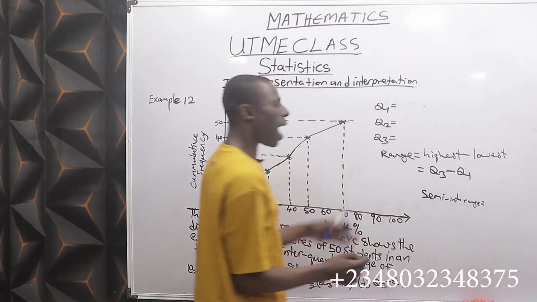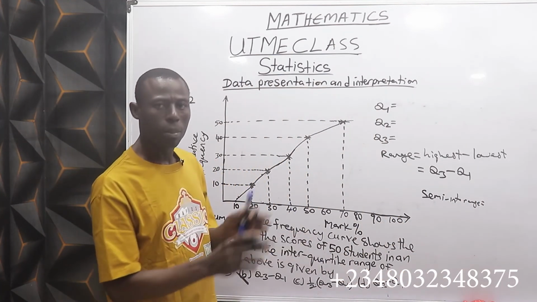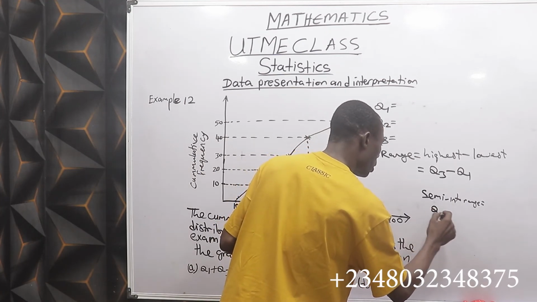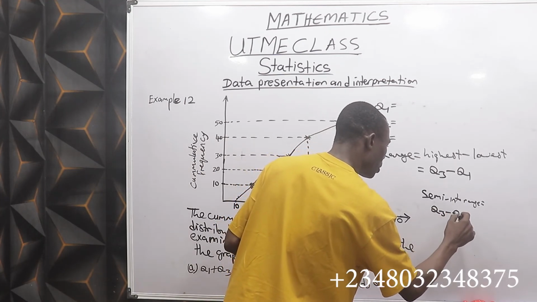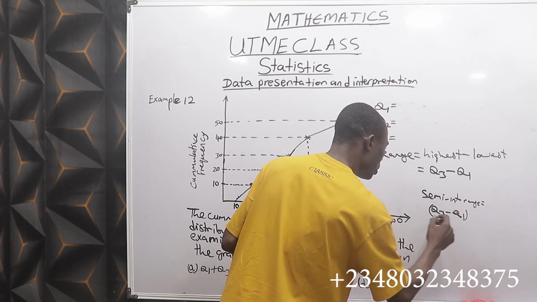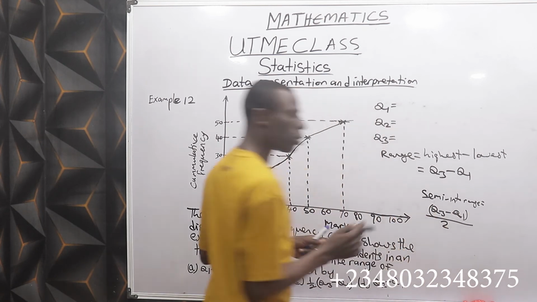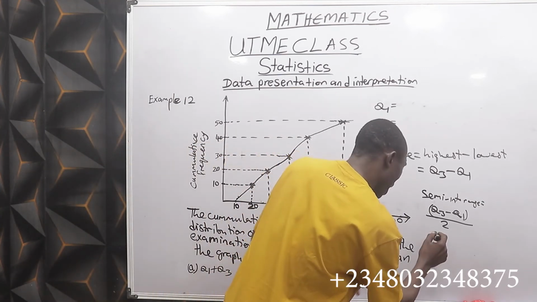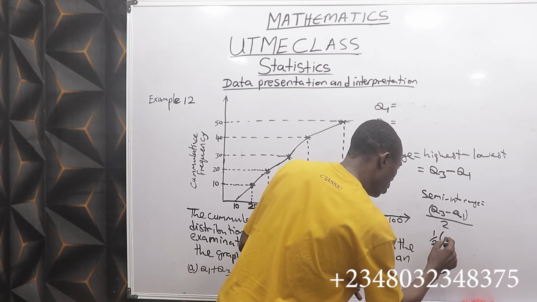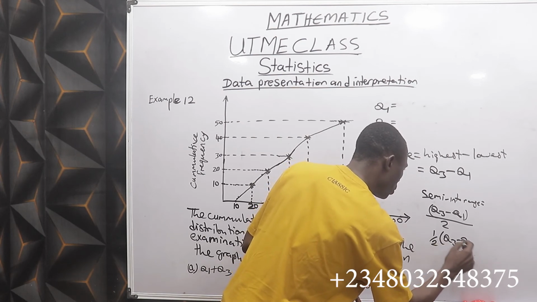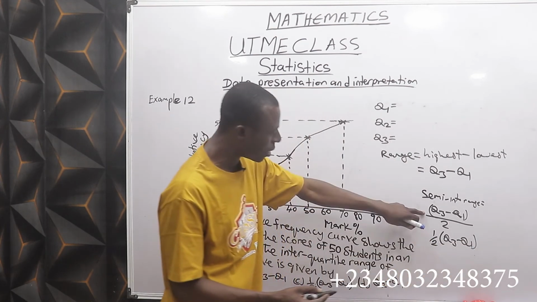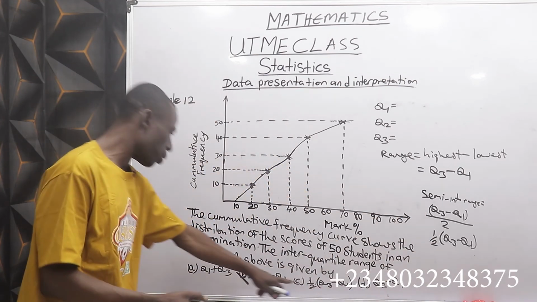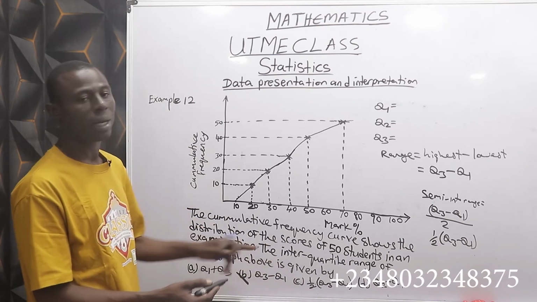It will be half of Q3 minus Q1, that is, Q3 minus Q1 divided by 2. You can see it in the options, but it is not what is required there.